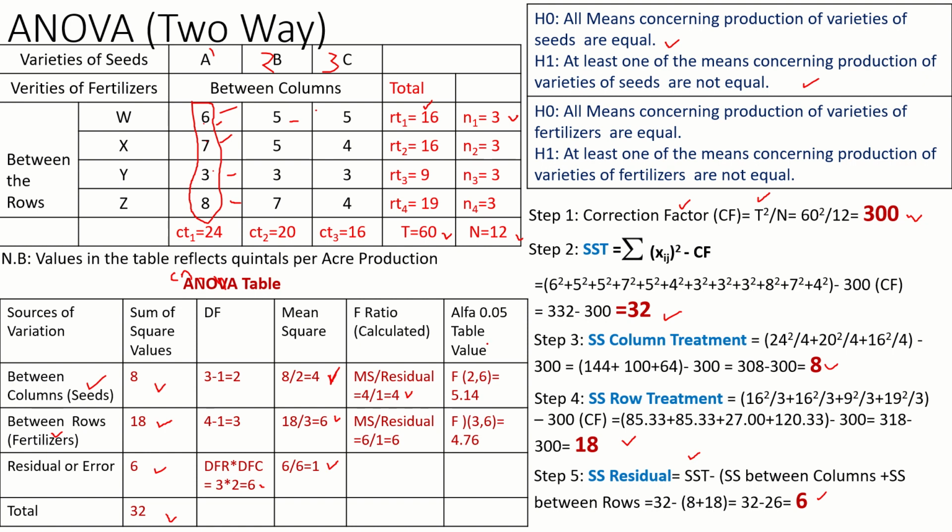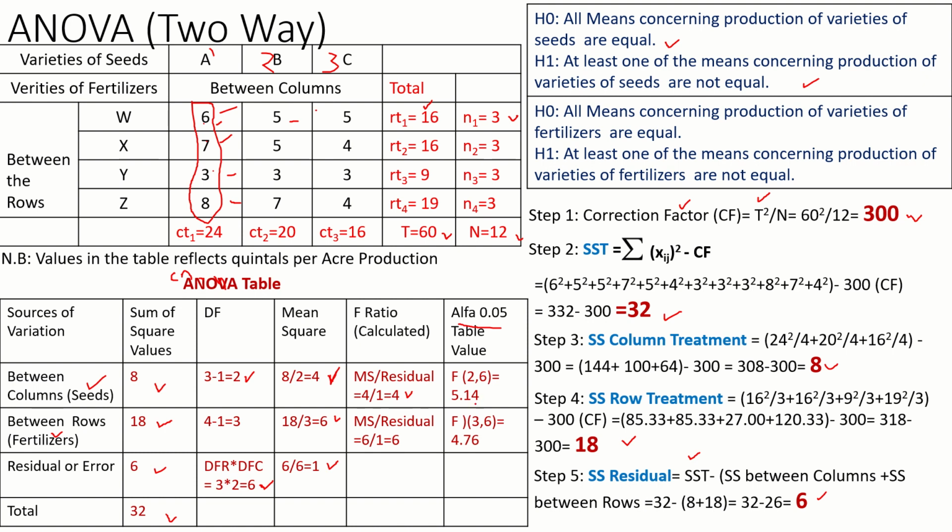Now there is an alpha value given, a level of significance of 0.05, and for this we will get the table value. The degrees of freedom we have taken are 2, since we are checking the column wise difference, and the residual is 6.